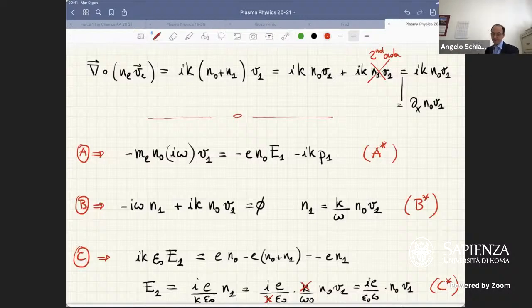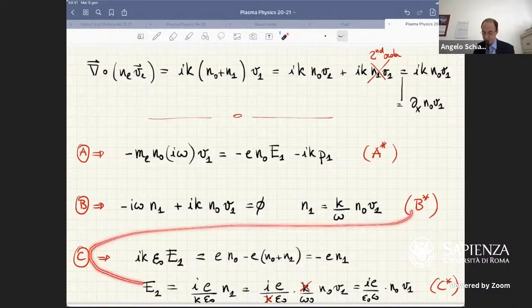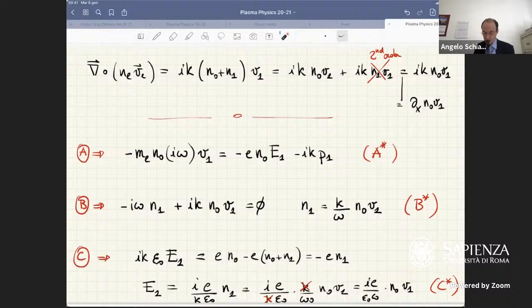Let's have a look. We have a B star equation that we already used inside C here, and the C star equation now expresses a relation between the electric field and the velocity field of the electrons. And A star still contains v1, the E field, and p1.